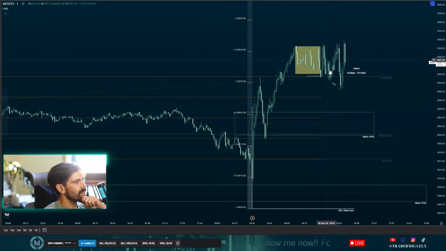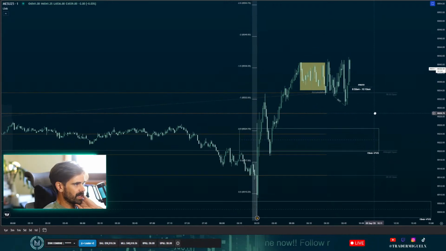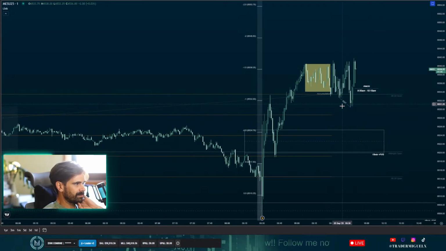Let's see. It made a new high and then retraced deep here back inside this range. So I don't know if it really wants to run to the upside. The only thing that's telling me that price wants to run to the upside is this SMT here in between ES and NQ. NQ seems way cleaner.